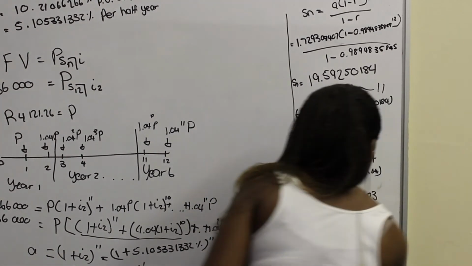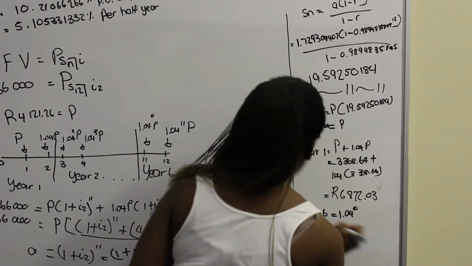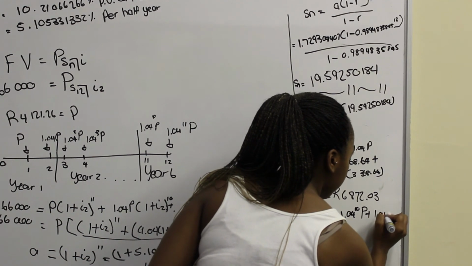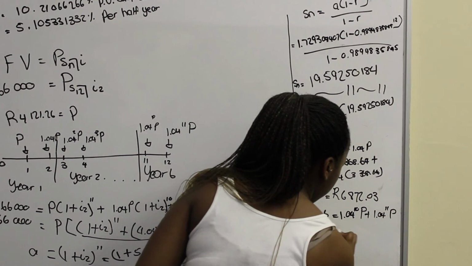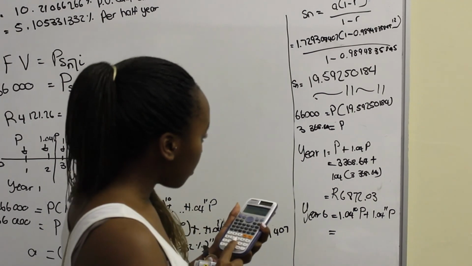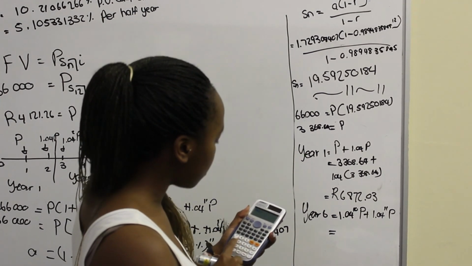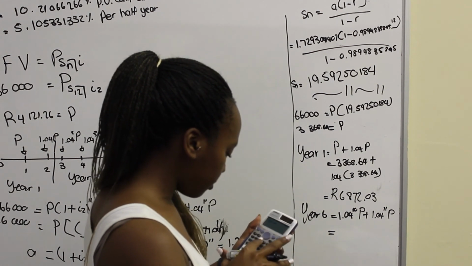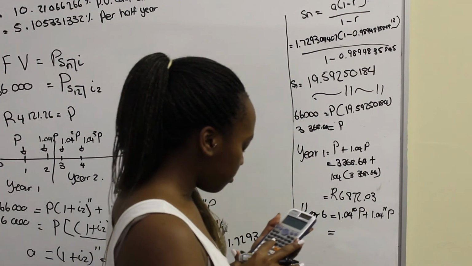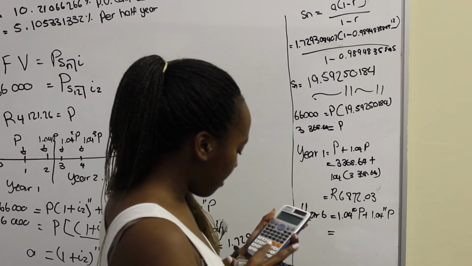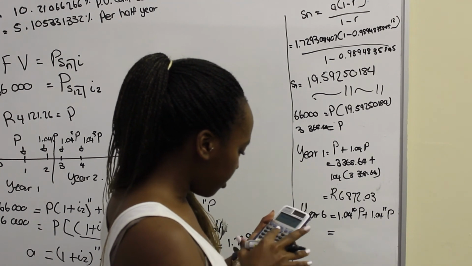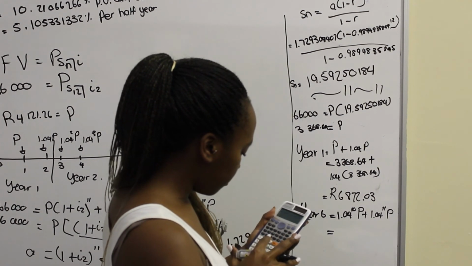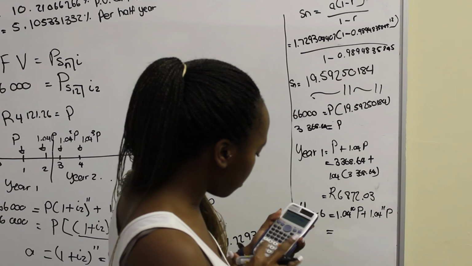It's 1.04 to the power 10 P for the 11th payment, plus 1.04 to the power 11 P. You substitute P here, 3,368.64 times 1.04 to the power 11, plus 1.04 to the power 10 times 3,368.64.